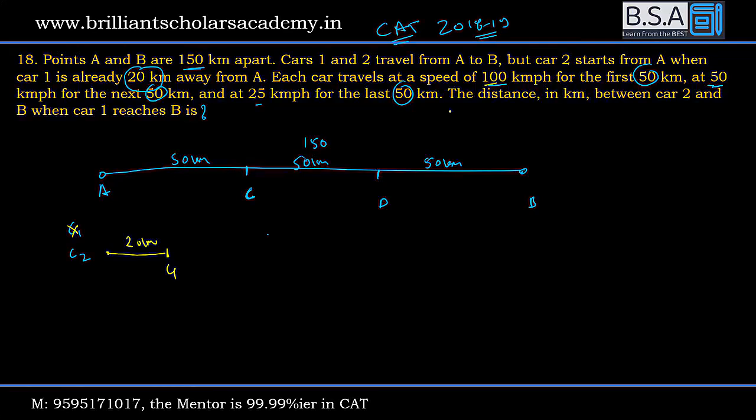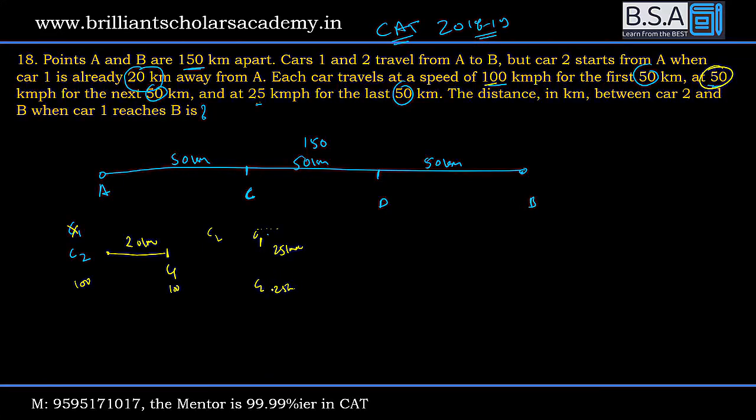If 100 kmph का speed दोनों का है, can I say the gap of 20 kilometers will be maintained? अभी देखो फिर से. अब when the speed changes to 50 kilometers, जब ये कार 1 इधर आ जाएगा, कार 2 पीछे रहेगा. अब ये ट्रैवल कर रहा है at what speed? 25 kmph. When car 2 arrives here, वो भी 25 kmph पे ट्रैवल करेगा.